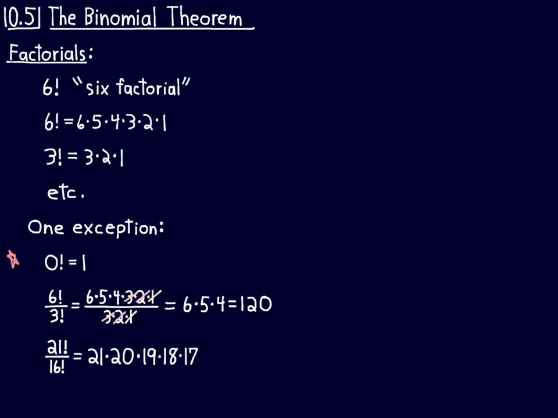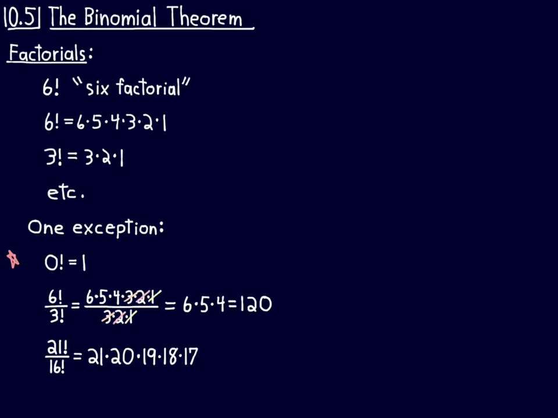Because 16 of the factors will cancel out. 16 times 15 times 14 times 13 times 12, etc. That's 16 factors. Those will all cancel out. 21 has 21 factors in it. So I've canceled out 16 of them, so it's left with the 5 largest factors. 21 minus 16 is 5. So I just had the 5 largest factors.